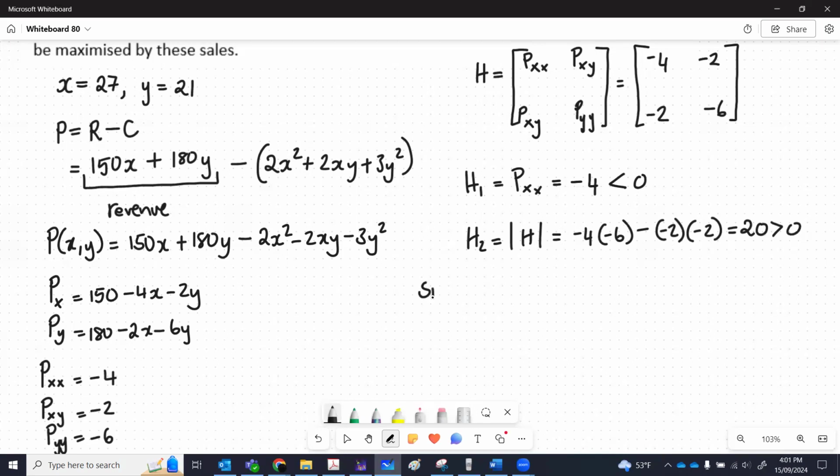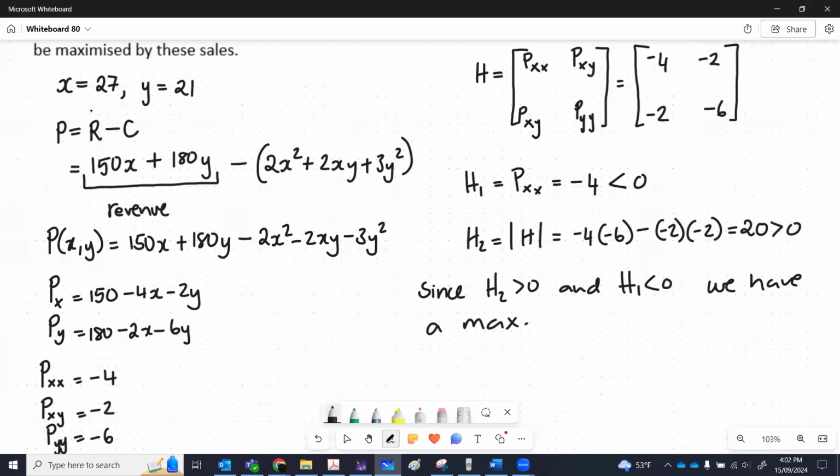Okay, so you can see that since H2 is positive and H1 is negative, we have a maximum. Okay, so this is confirming that in order to maximize your profits, you need to sell 27 t-shirts and 21 shorts.